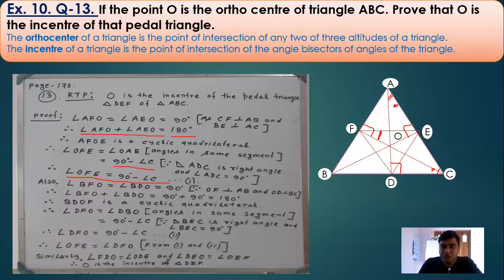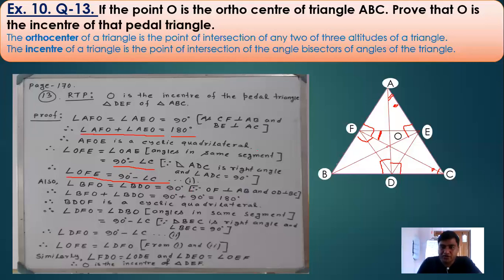Also, angle BFO is 90 degrees because OF is perpendicular to AB, and OD is perpendicular to BC, so angle BDO is also 90 degrees. So the sum of these two angles is 90 plus 90, 180 degrees, and hence BDOF is a cyclic quadrilateral.